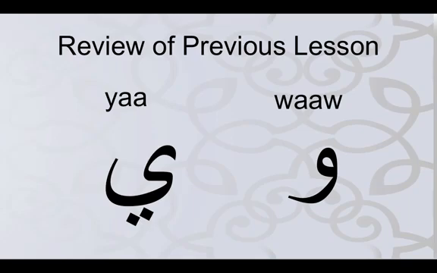And the next letter that we learned was the letter ya. It's pronounced from the oral cavity, and it is the third long vowel in the Arabic language. Its sound is the long E sound, that's the letter ya.